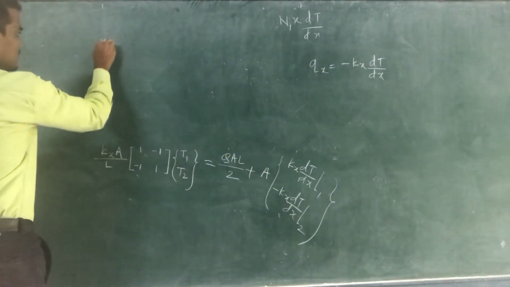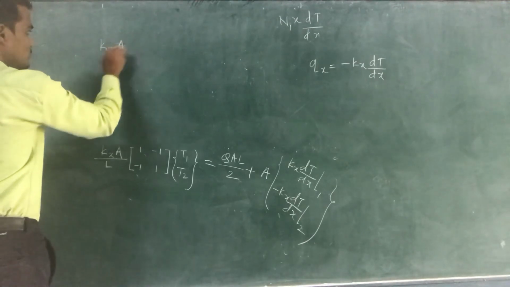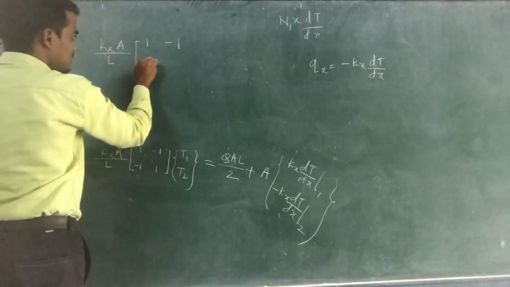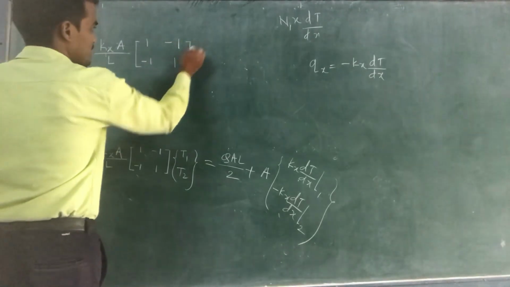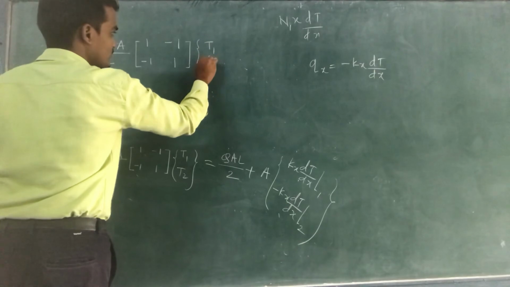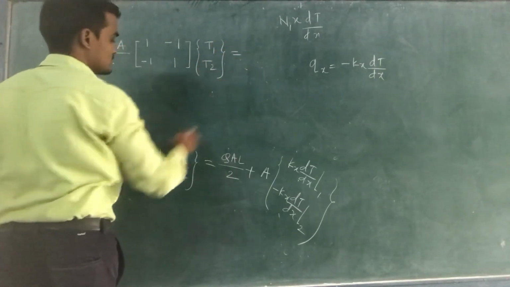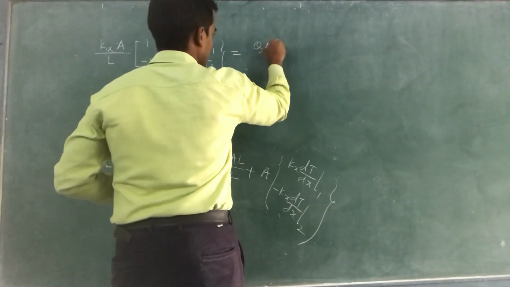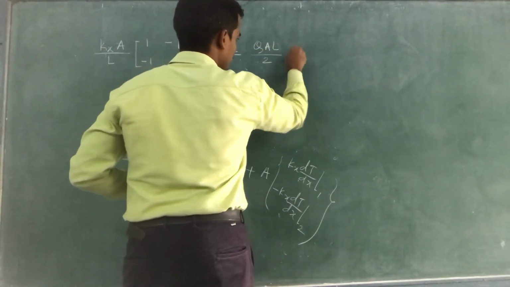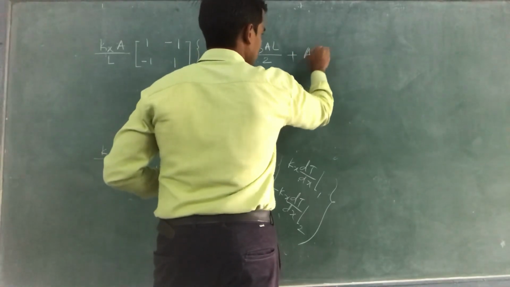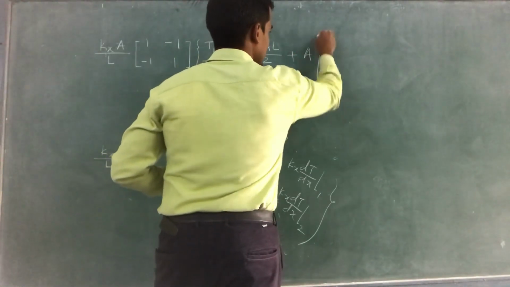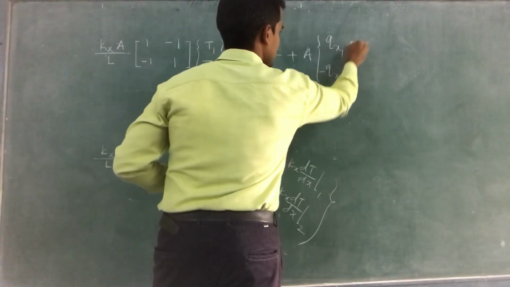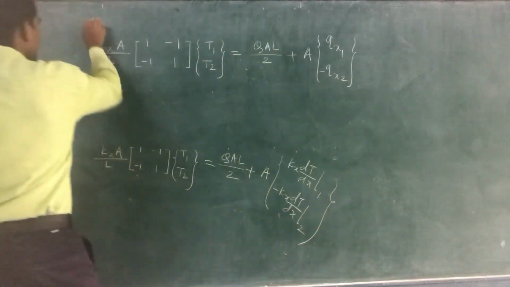So finally your equation will become kx into A divided by L in bracket [1 -1; -1 1] into the temperature vector [T1 T2] equal to Q into A into L divided by 2 plus area times [qx1, minus qx2].